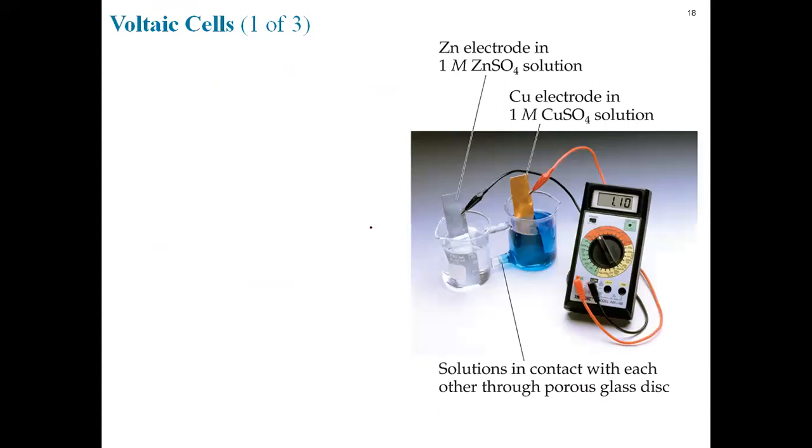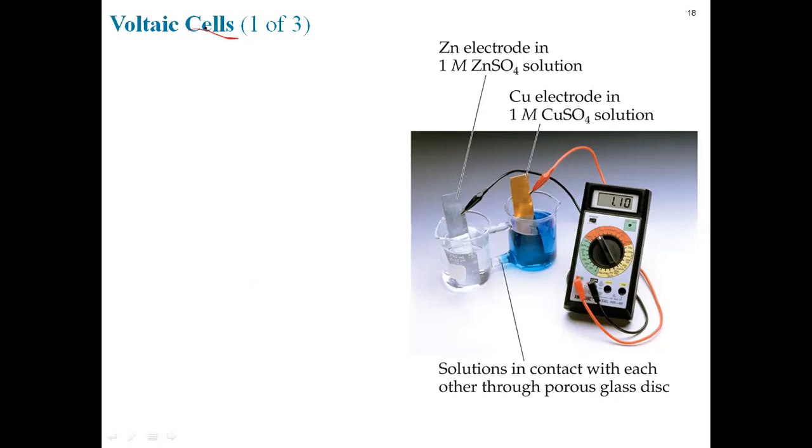Okay, so the next section is we'll study those cells, which means using some of those chemical reactions to make a device to produce electricity, or using electricity to make some of those non-spontaneous reactions happen.